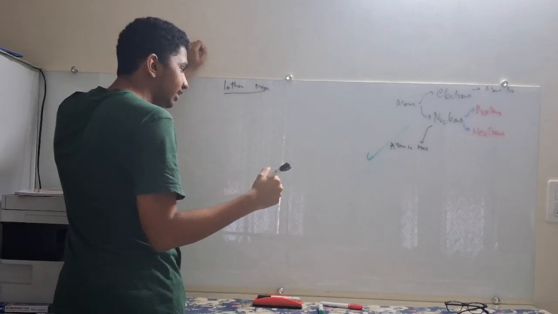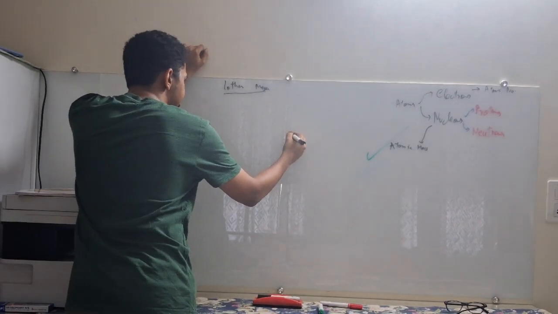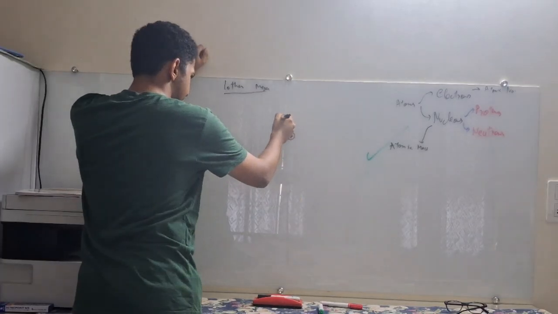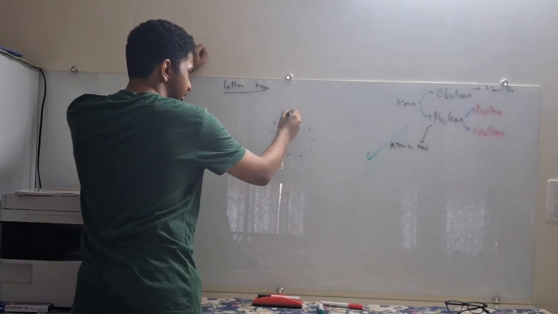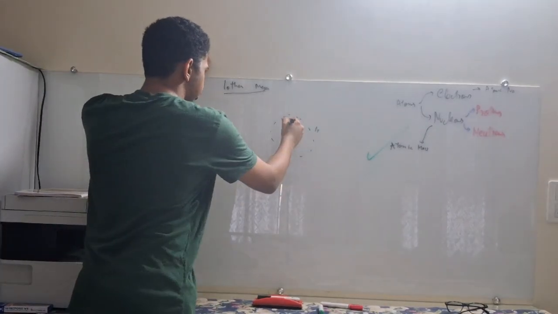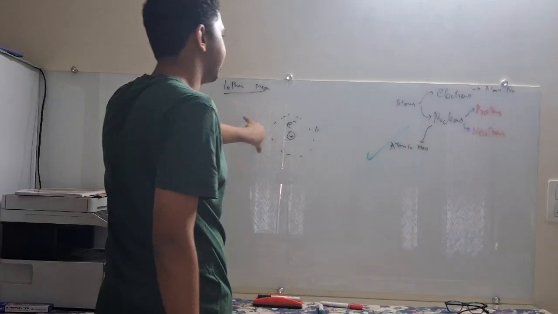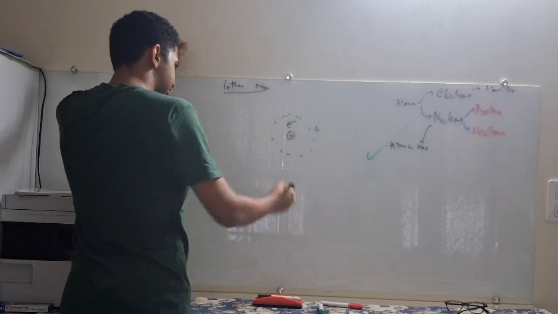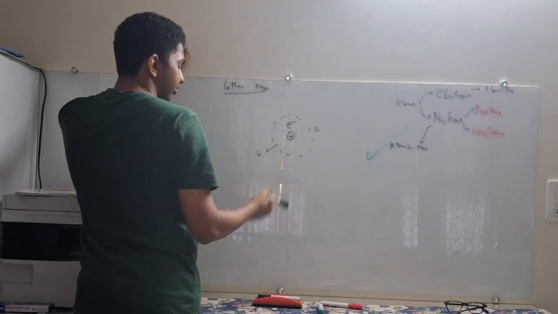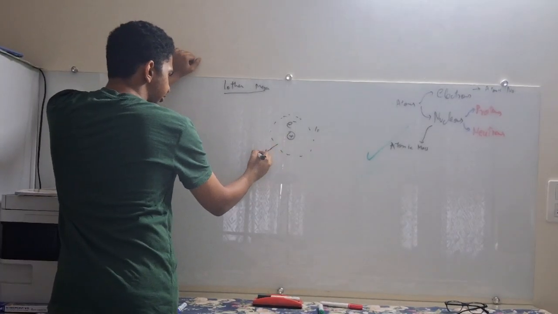And what he did was he looked at an atom. An atom has a positive nucleus and an orbital. This is, let's say, 1s. The 1s orbital can have 2 electrons. So when it has 1 electron, he looked at its size and said it's some volume, let's say the volume of this 1s orbital is v.